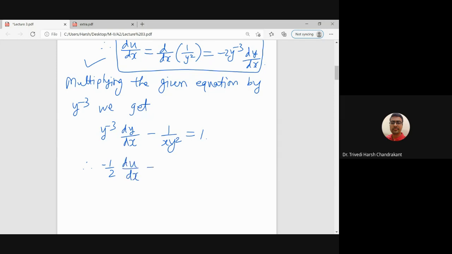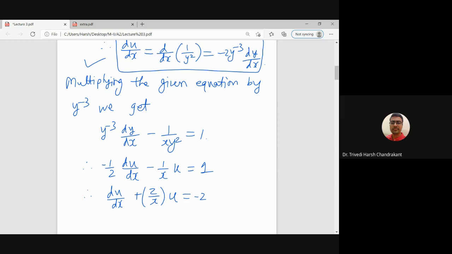The second term becomes -1/x times u = 1. So essentially this equation is du/dx + (2/x)u = -2, since we just multiplied by -2.